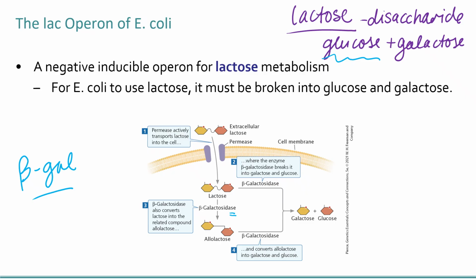It can just directly break it down into galactose and glucose, but it can also break it down into this little intermediate. And there's a reason that it needs to be broken down into that little intermediate first. And we'll talk about that. Once we get some of this allolactose, then we can just convert the rest via beta-galactosidase into galactose and glucose. So we can do either way. We need a little bit of that allolactose to get started.